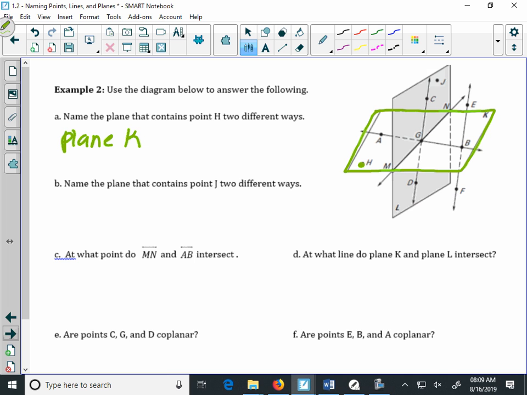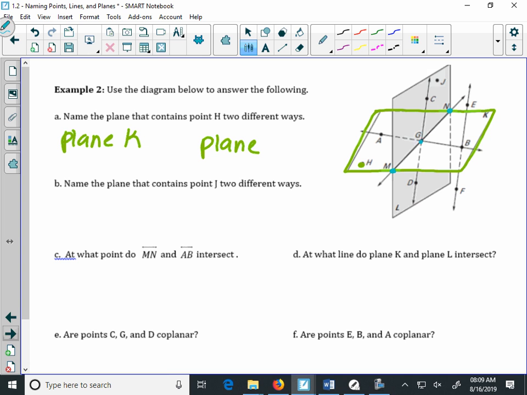How many points can we use to name a plane? 3. But what's important about those 3? They can't be on the same line. So give me 3 points that are not on the same line, that are inside that non-shaded region. Or on the edge. Being on the edge is okay too. So this is touching it, that's touching it.